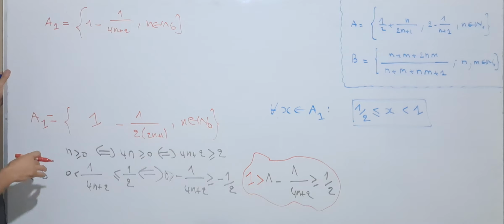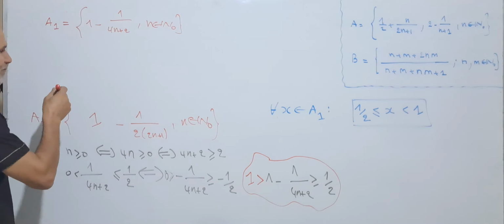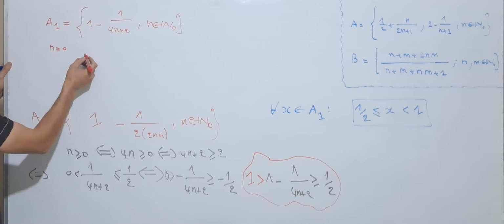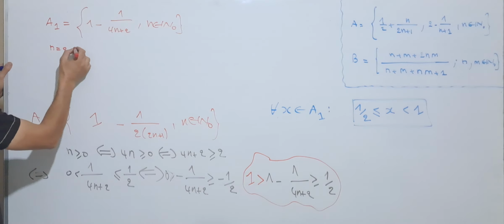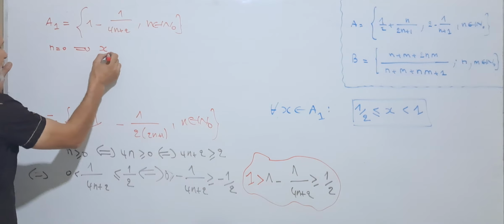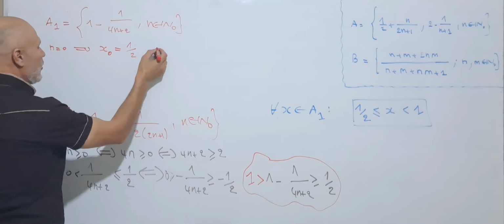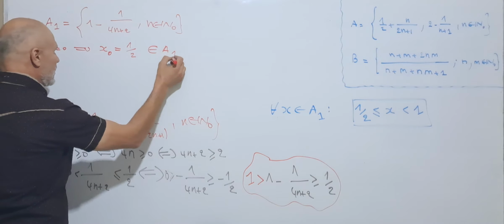The greatest lower bound is 1 over 2 for n equals 0. For n equals 0, we have x0 equal to 1 over 2, which belongs to A1.